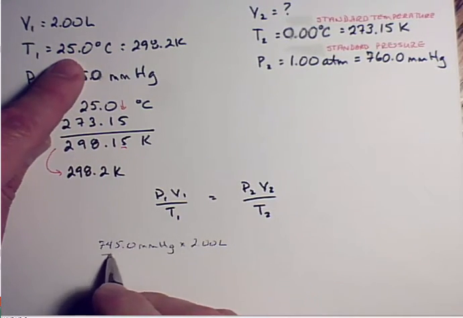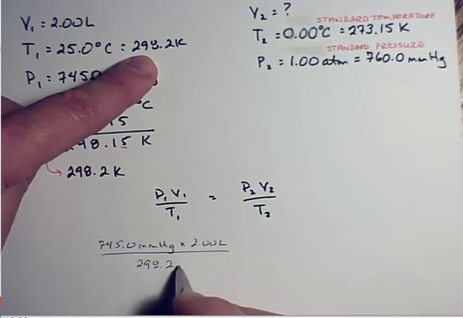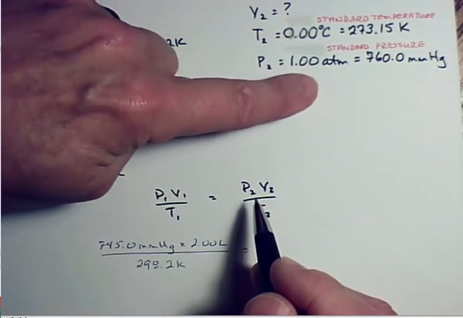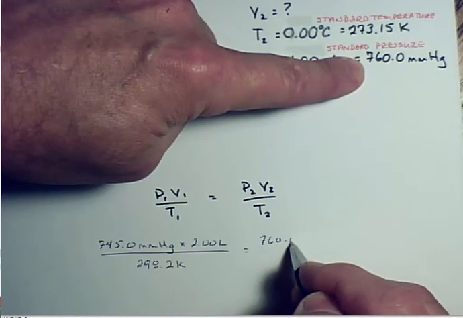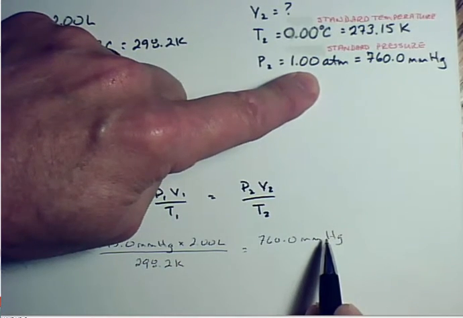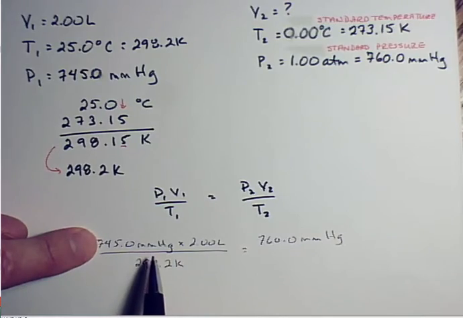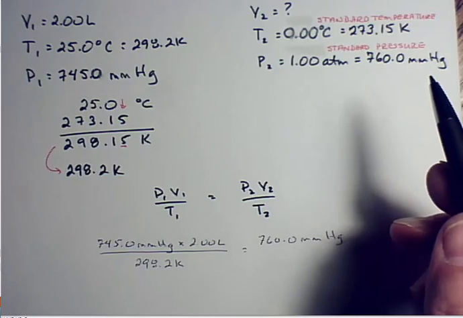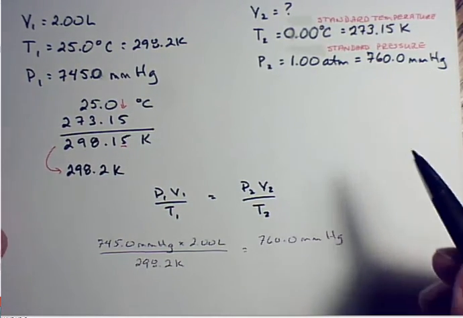We know T1, and we've got to use the Kelvin temperature, 298.2 K. On the other side of the equation, we know P2, it's 760.0 millimeters of mercury. Let me take a quick aside here. I could put 1 atmosphere here, but when I do the math, I won't be able to cancel out millimeters of mercury if I do that. So I want my units of pressure, temperature and volume to all match. You've got to have all your units of measurement matching.